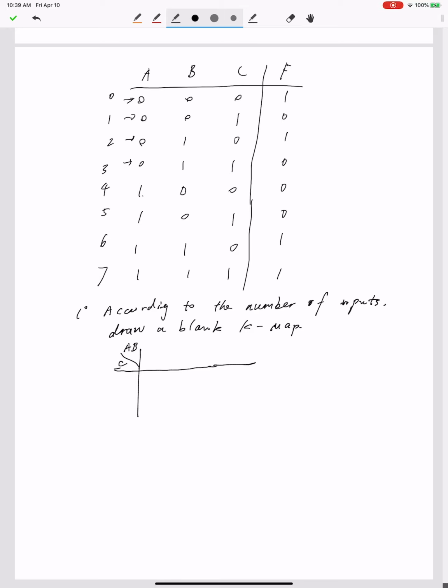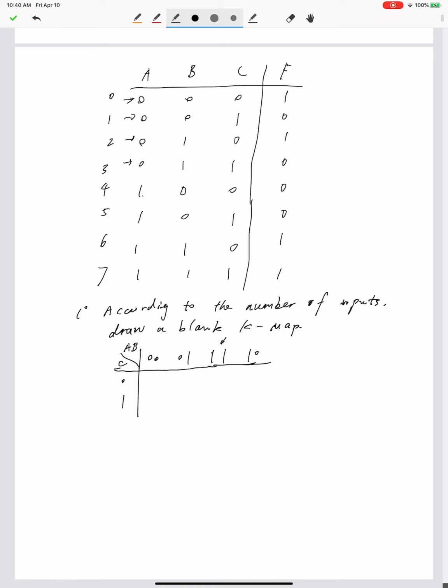And then we list all possible input combinations on the corresponding row or column. For inputs A and B, all possible combinations are 0 0, 0 1, and here is the tricky one. The next one, instead of 1 0, should be 1 1, and the last one is 1 0. For the input C, the 2 possible inputs are 0 and 1.